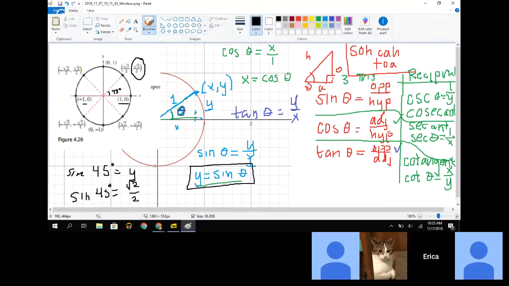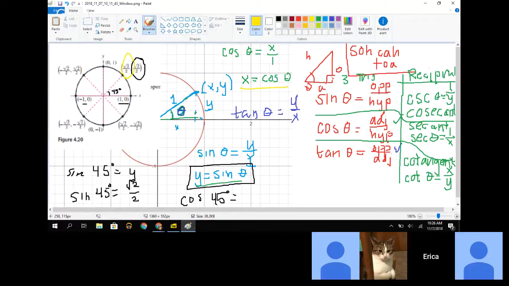So I can find that without having to go to Desmos, plug it in, figure it out, do whatever you need to do, right? If I wanted to find the cosine of 45 degrees, the cosine of 45 degrees is my x coordinate, right?